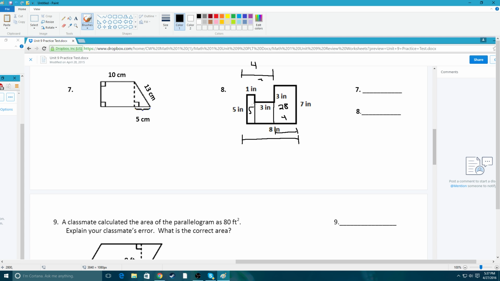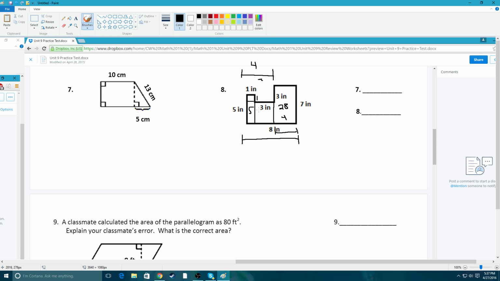So what we're left with right here in the middle is we have this entire side straight up and down is 5 inches up here. Which means if you were to block off this part, this guy over here will be 1 inch.